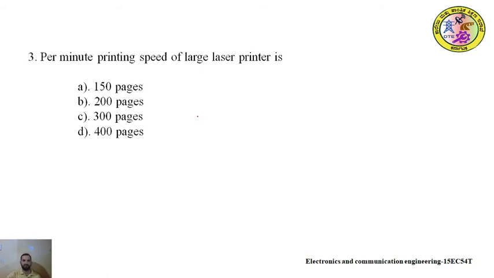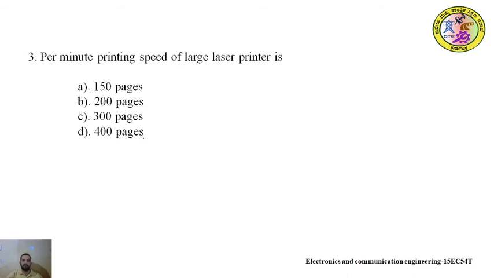Third question. Per minute printing speed of a large laser printer is? I told you, dear students, while explaining laser printers, that nowadays laser printers are used to print faster as well as at the highest resolution.